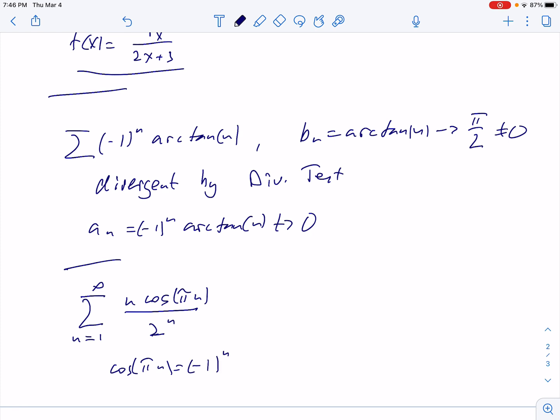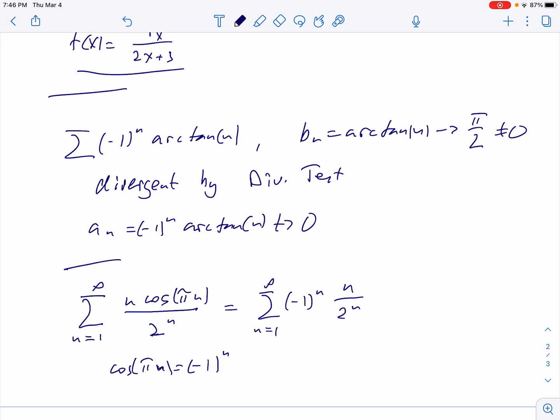When n is 1, cosine pi is negative 1. When n is 2, cosine 2 pi is 1. And like that, when n grows step by step, you have plus 1, minus 1, plus 1, minus 1. So we can write this in the form negative 1 power n times n over 2 power n.